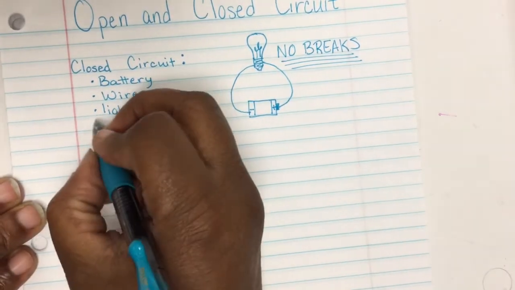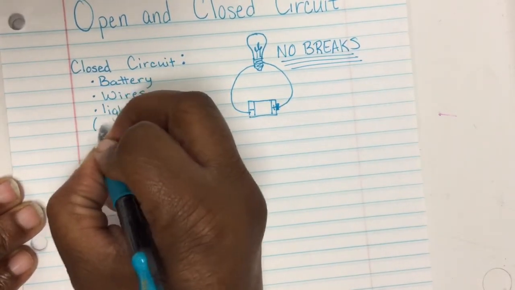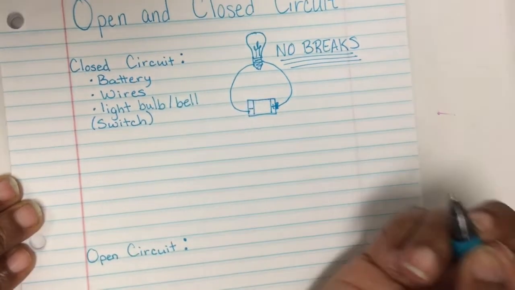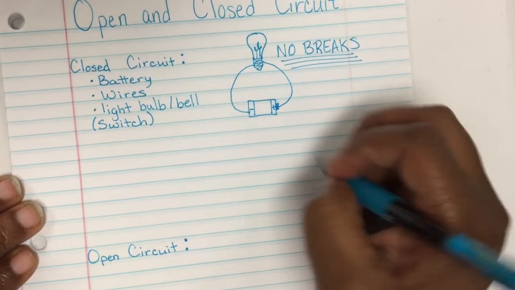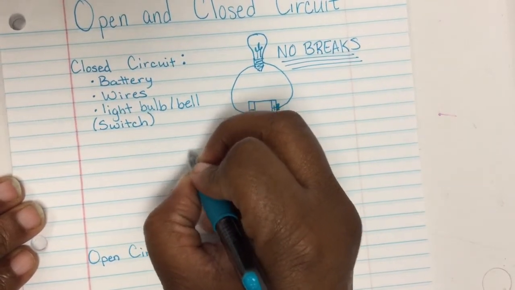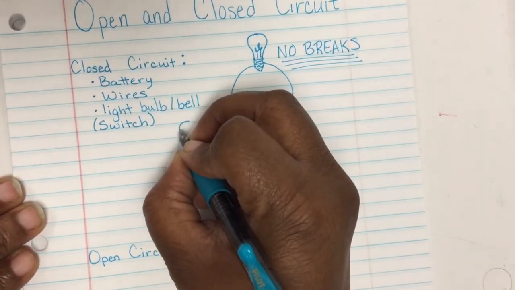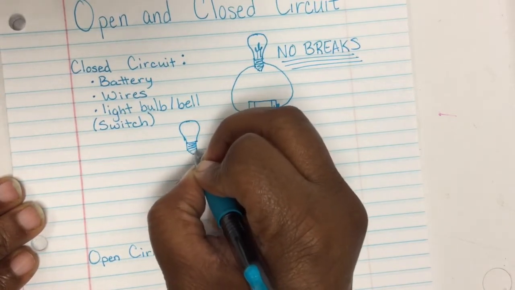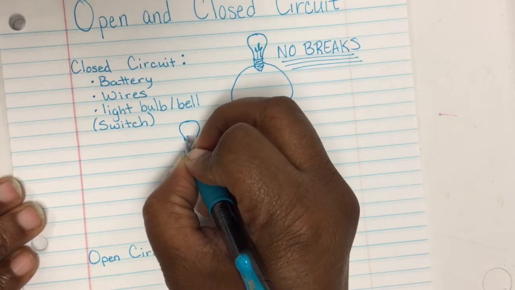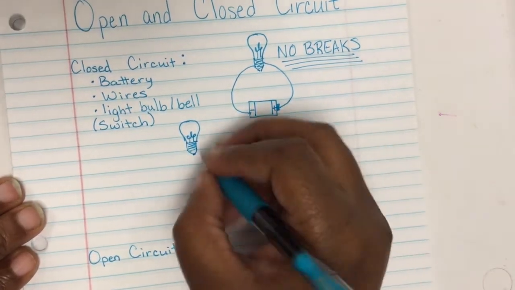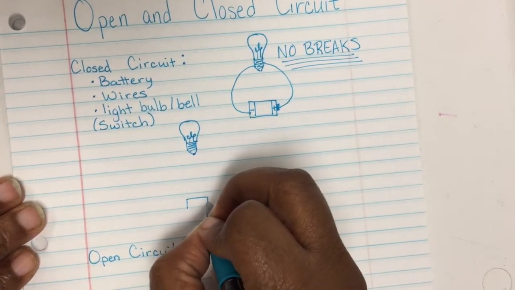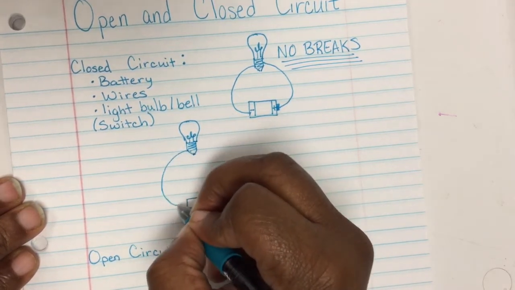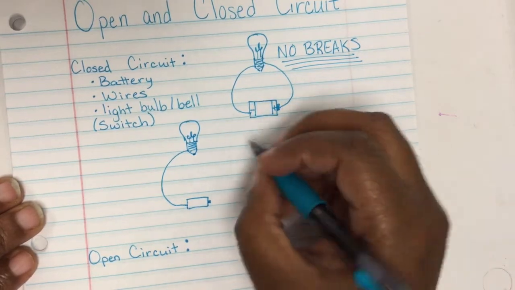Sometimes we might also add a switch. And that would look like, let's say you had your light bulb. And I use a light bulb because it's just easier to draw. You still need your battery. And you'll have one wire connecting the battery to the light bulb.